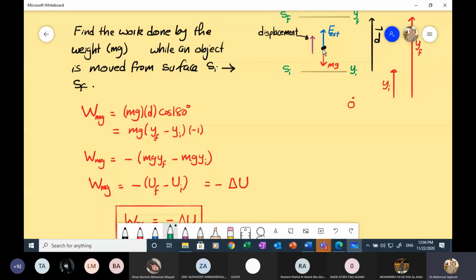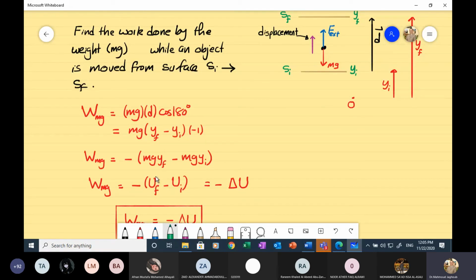This is displacement and this is force. So you get mg, and d is y final minus y initial, multiplied by minus 1, which is cosine 180. So you get minus from here. Take mg into the brackets, you get mg y final minus mg y initial. So it's minus, y final minus y initial.